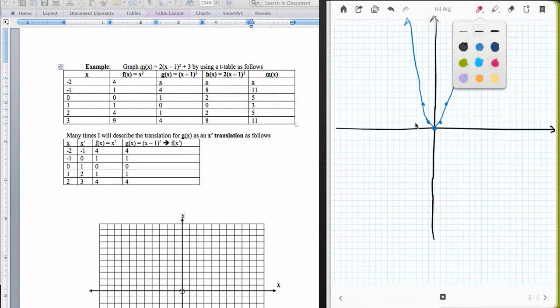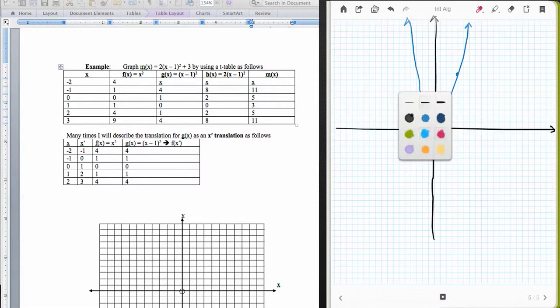And then what I do is I'm going to translate this. So now for x minus 1, what I'm doing is I'm going to shift it over and do the negative 1. So x is equal to negative 1 and y is equal to the comparable value there. So when x is negative 1, y is going to be equal to 4.